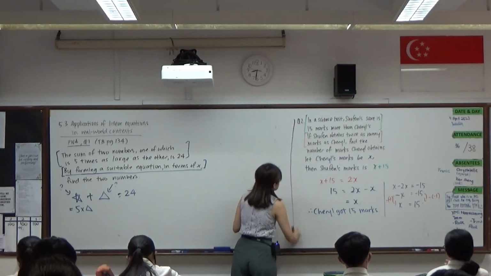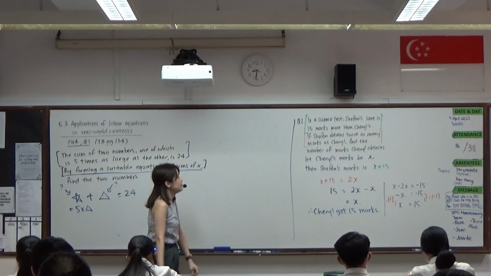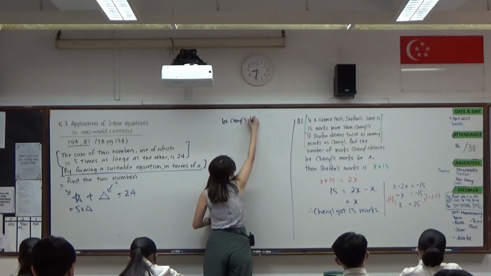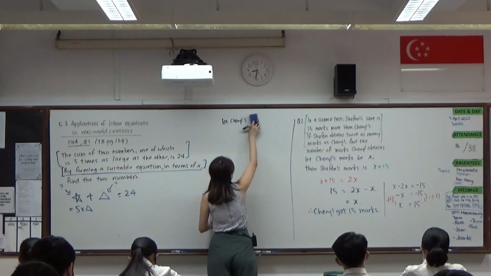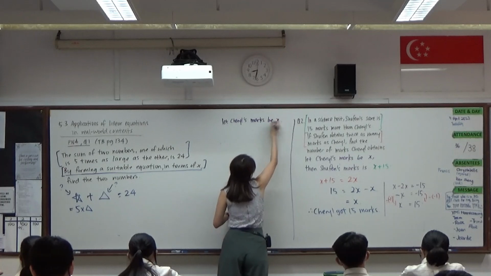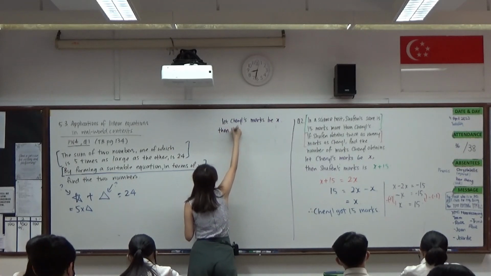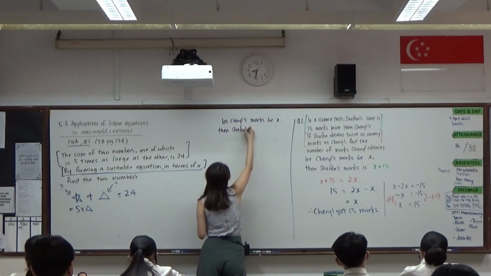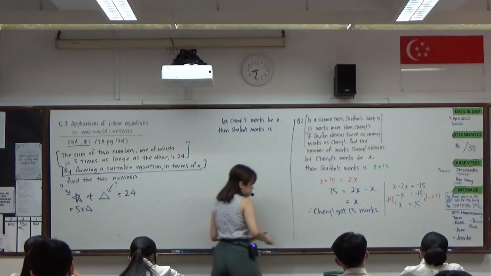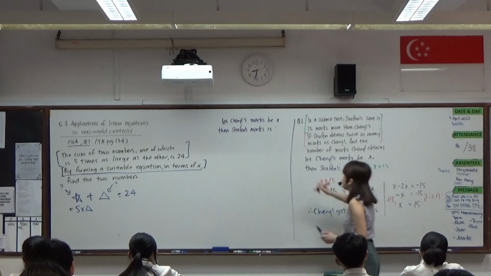Now I do it by Faith's suggestion. I also let Cheryl's marks be X. Then Shufan's marks, as per what Faith suggested, is 2X instead.